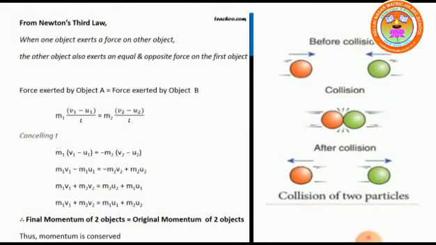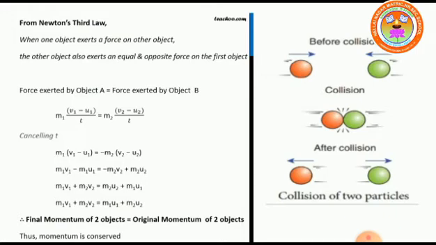So when one object exerts a force on another object, the other object also exerts an equal and opposite force on the first object. So force exerted by object A is equal to force exerted by object B. So already we know that.